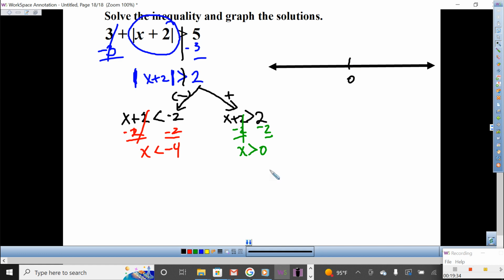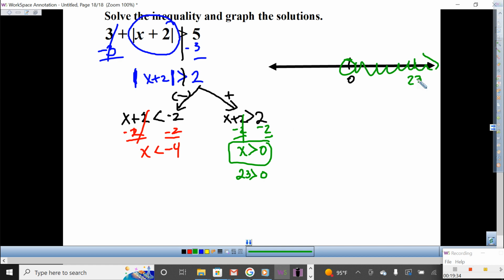Zero. I'm going to graph this dividing point. Oh, it's at 0. Okay. So that means I can't test 0 for this one. Can I test any number from the right side? Yeah? What number should I pick? 23, Michael Jordan. Is 23 greater than 0? Yes, so that means I'm going to shade towards the 23.